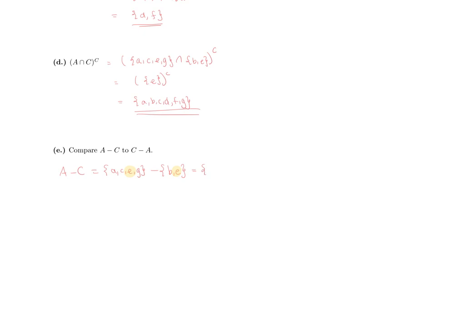So we're left with just A, C, and G because we removed the part of set C that was in set A.